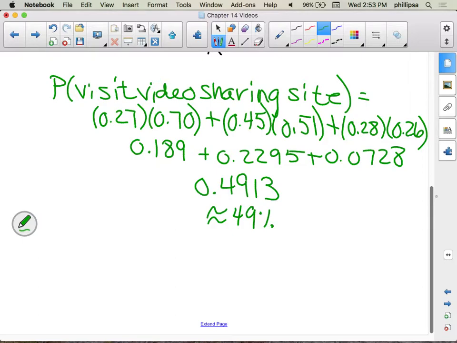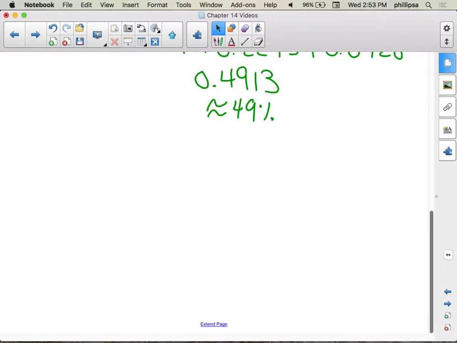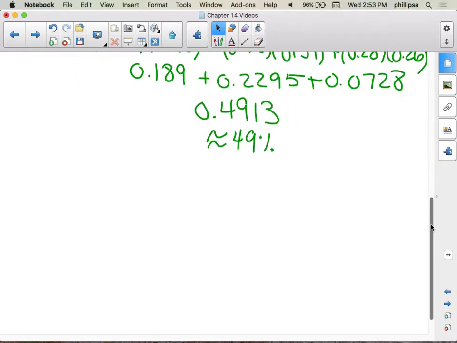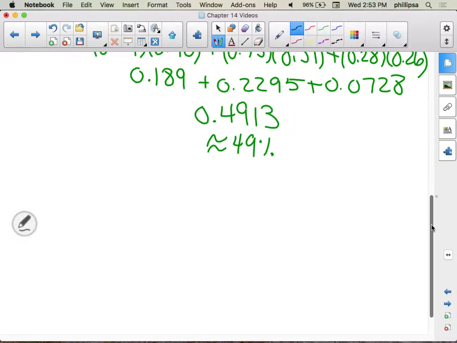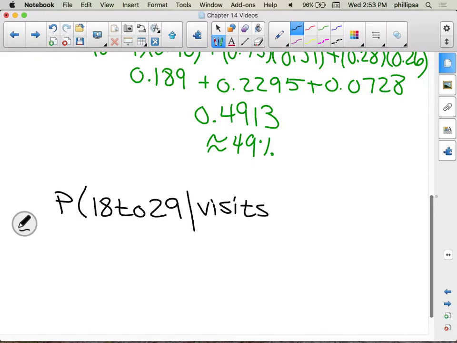And now let's find a conditional probability, okay? So we want to find a conditional probability that says, what's the probability that they are 18 to 29 given that they visit video sharing sites, okay?